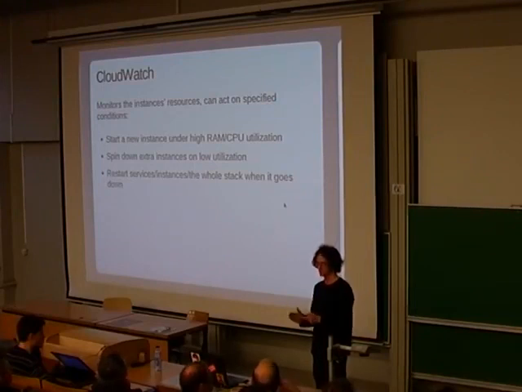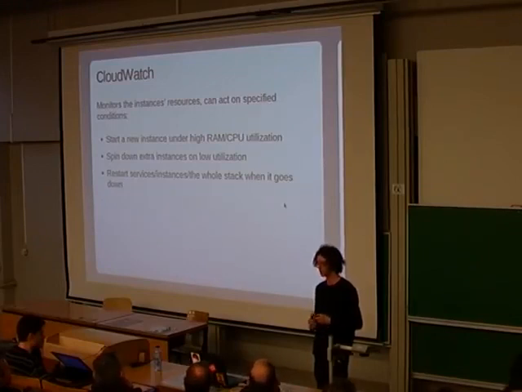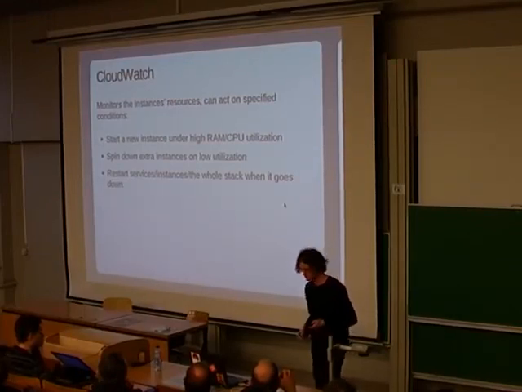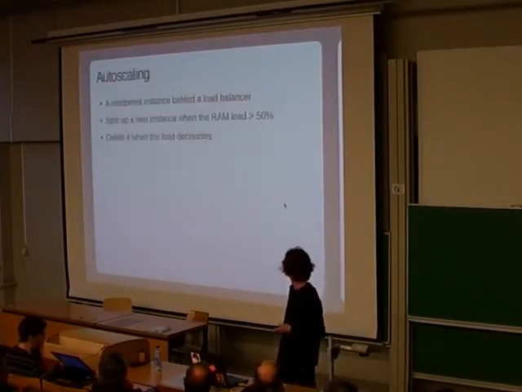It monitors the virtual instances and their resources, so you can monitor things such as CPU utilization, RAM consumption, hardware consumption, and you can specify custom triggers that will run your own code if you want. So, for instance, when you go over with memory, you can specify that Heat is supposed to launch a new instance or whatever else. And that's actually what I'm going to show you in the demo.